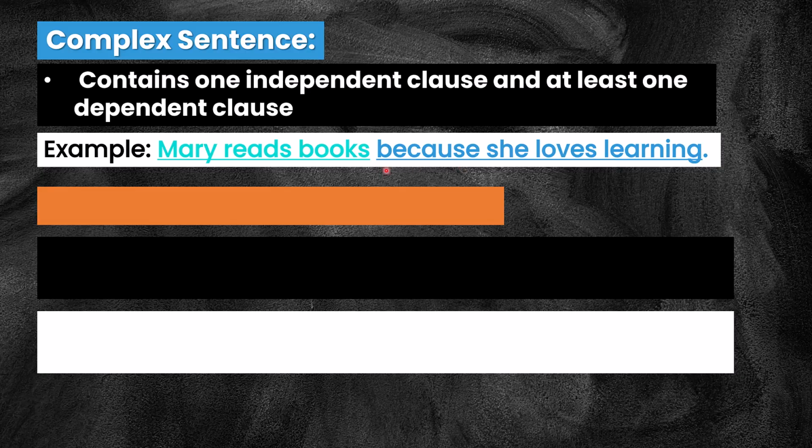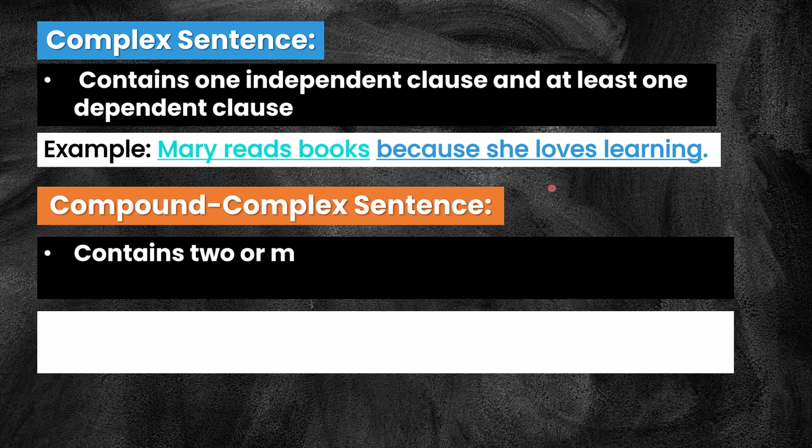We have an independent clause, Mary reads books. However, because she loves learning is a dependent clause. It begins with a subordinating conjunction, whereas a compound sentence combines two independent clauses with a coordinating conjunction. So this is a complex sentence.